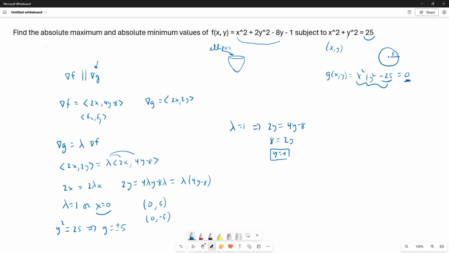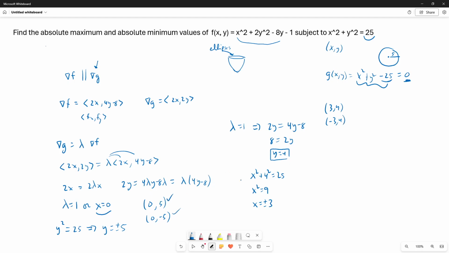And again, the point xy has to be on the circle, so x squared plus 4 squared has to equal 25. So x squared is 25 minus 16 is 9, so x is plus or minus 3. So we have two other points, 3, 4, and negative 3, 4.